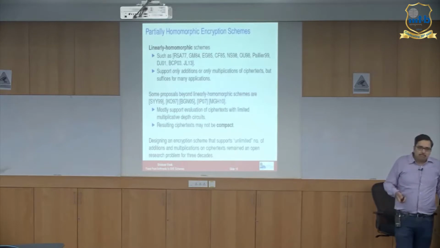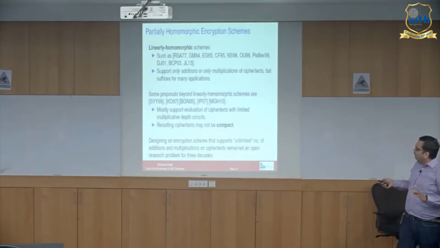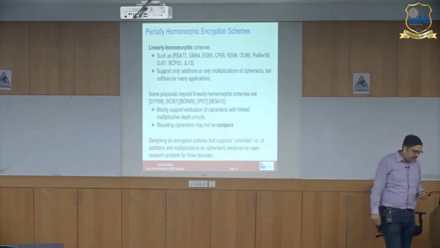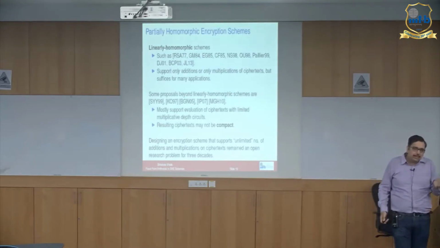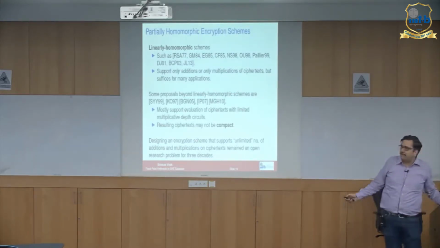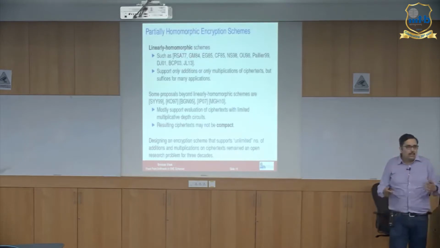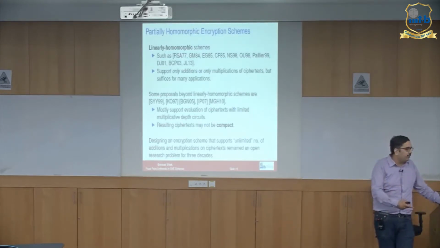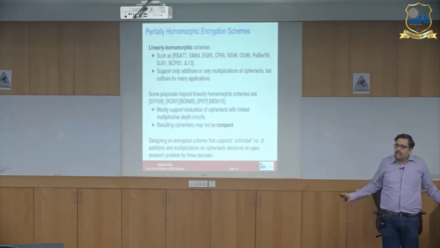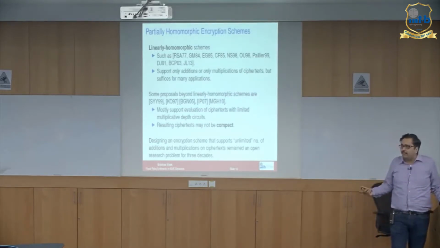So the notion of homomorphism on ciphertext dates back right to the beginning of public key encryption schemes. Probably you have heard about the RSA encryption scheme, which is very popular. It supports multiplication of ciphertexts.